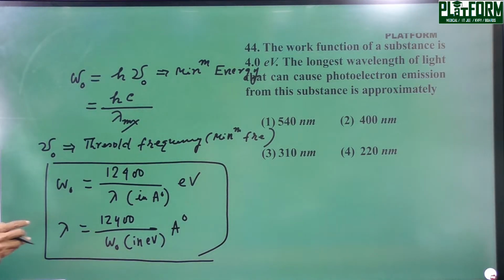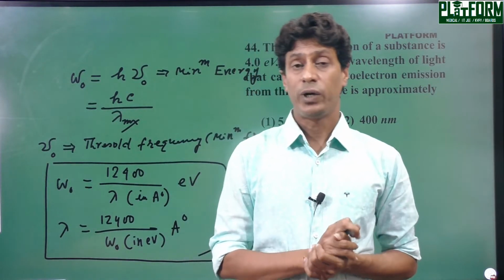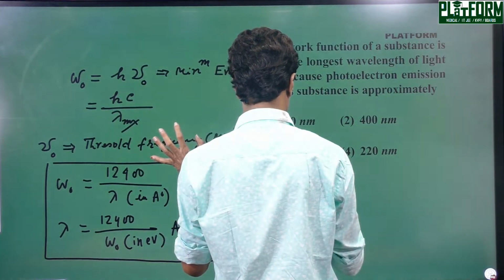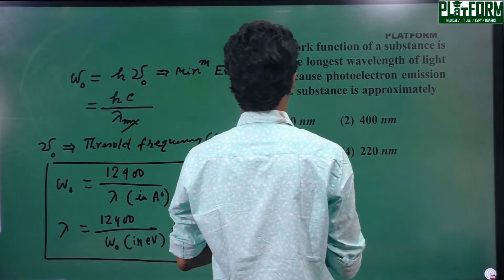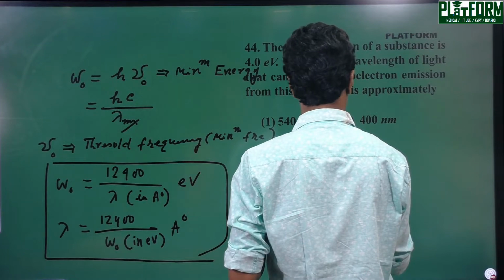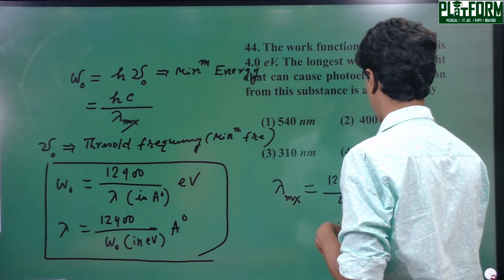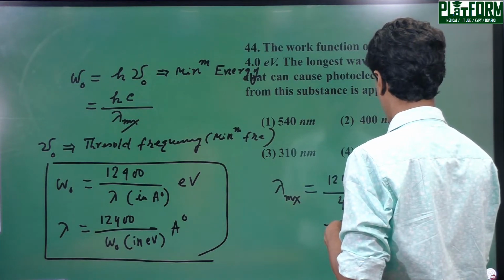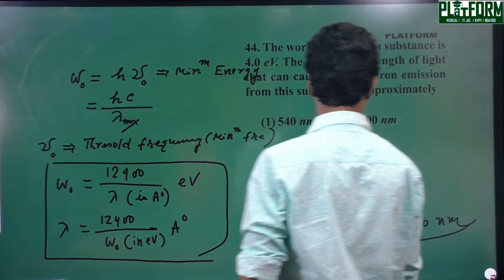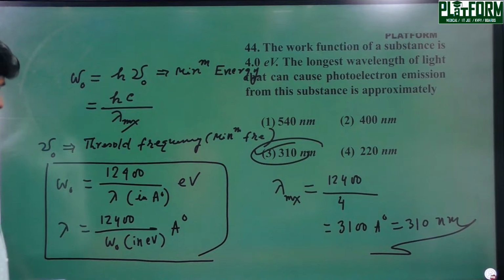Don't put in the values of Planck constant and speed of light, it becomes difficult to calculate. So lambda max is equal to 12,400 by the work function, which is 4. So this is 3100 Angstroms, and this becomes 310 nanometer. So the right option here is 3. Moving on to the next problem.